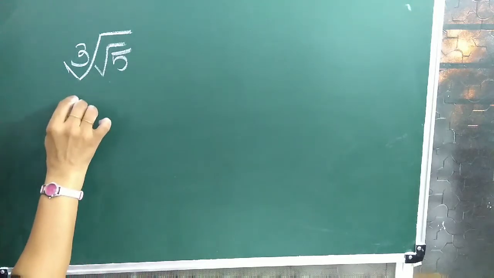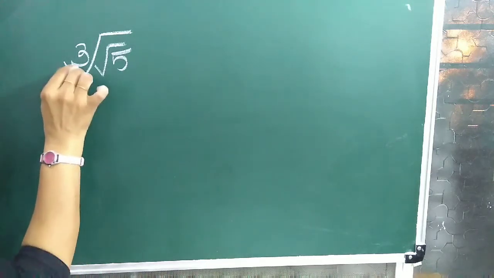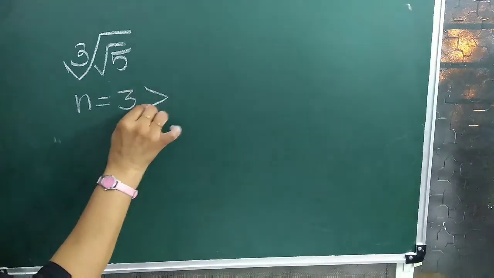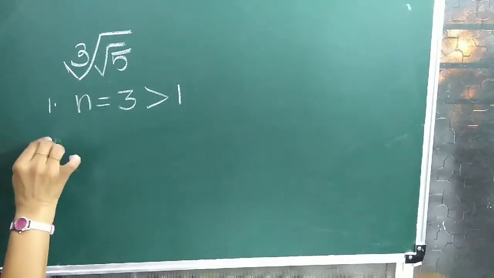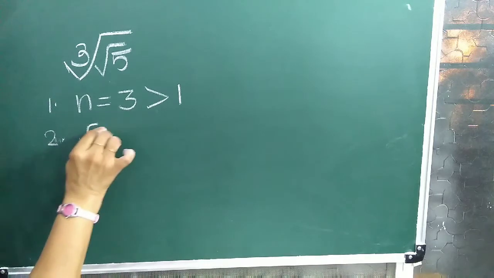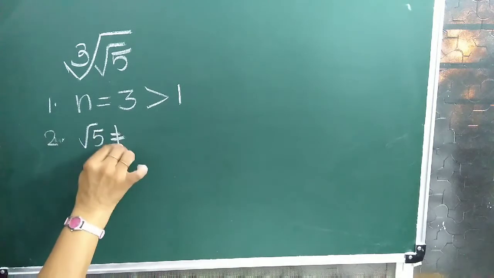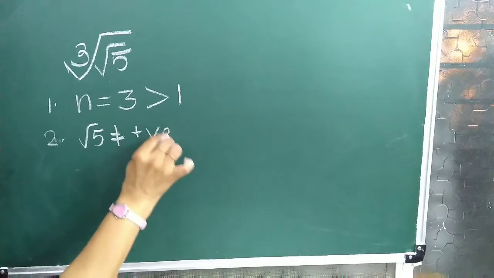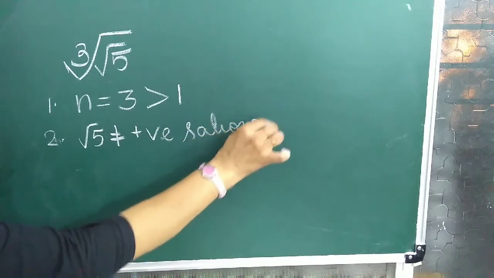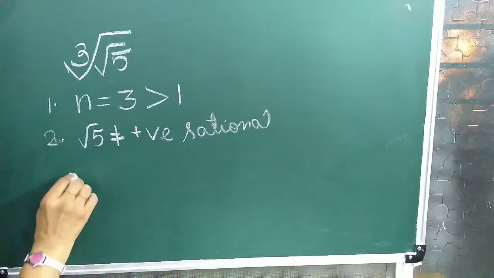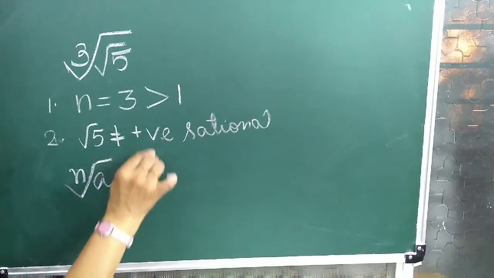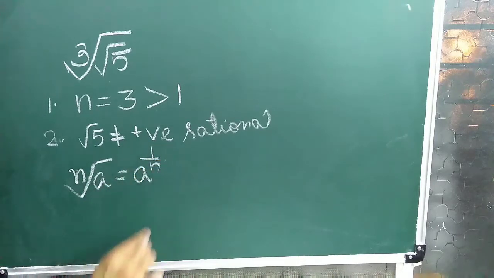The conditions: first condition, here n is equal to 3, which is greater than 1. Second condition, root 5 is not a positive rational number. But we know nth root of a is equal to a to the power 1 upon n.